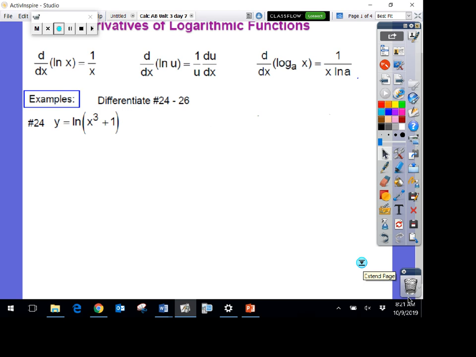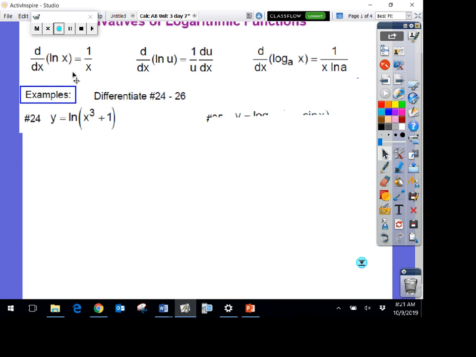All right, so the natural log of something. This is our something right here, is 1 over that something, times the derivative of that something. So now it's the chain rule also.